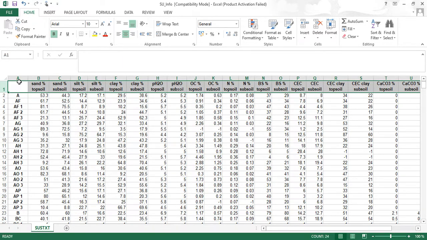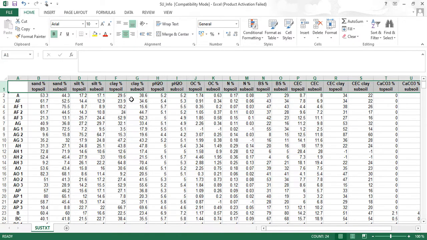We have that for the topsoil and we have it for the subsoil. And here are the codes, which also represent our dump soil in the other attribute data.